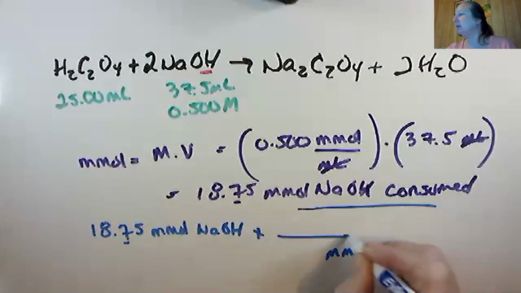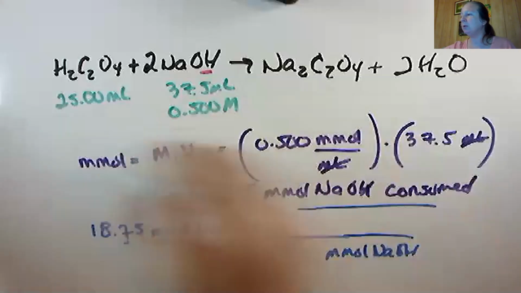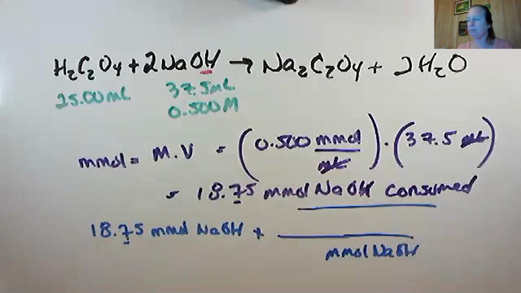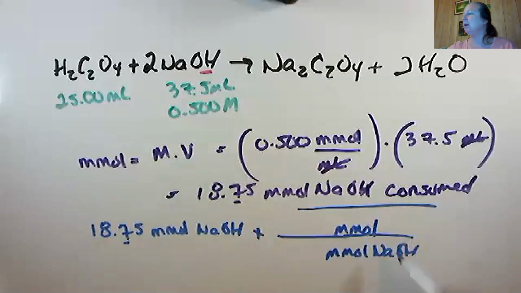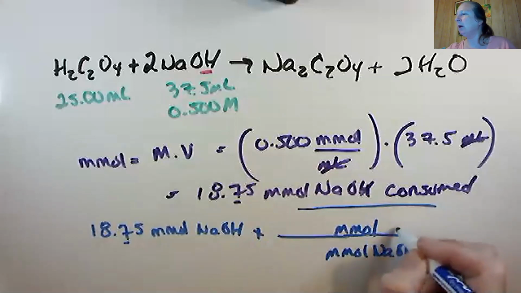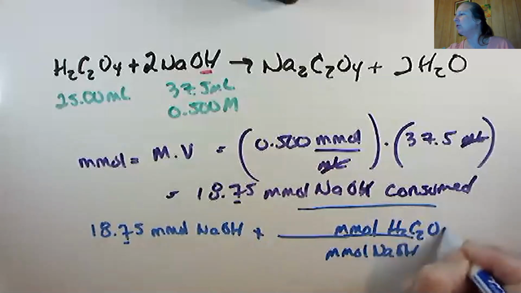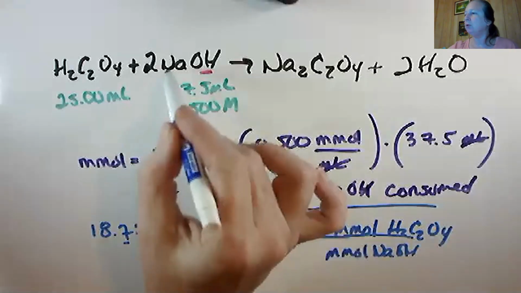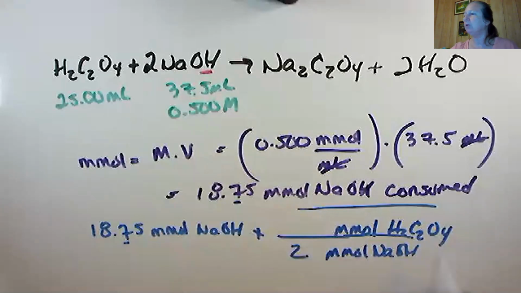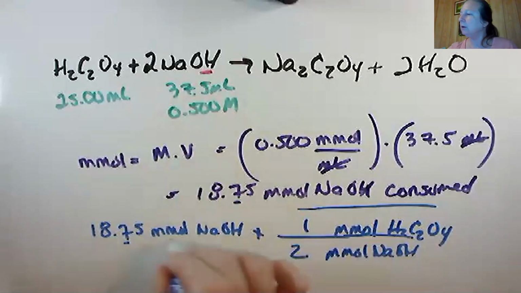Again, if that's just uncomfortable, you can convert to liters, and then we're still in moles. As long as you're consistent with the milli, this works. How many millimoles of oxalic acid did I consume? I get this number from my equation. For every 2 millimoles of hydroxide, I had 1 millimole of oxalic acid. My sodium hydroxide will cancel out.